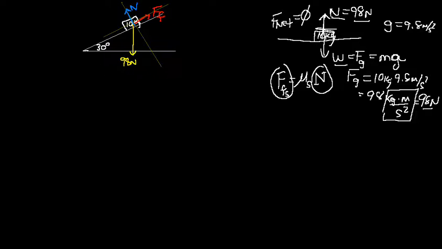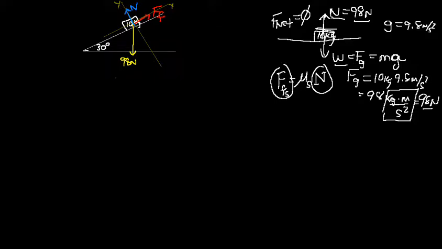Now let's take a look at what we have here. We have the force of friction in red, which is going in this direction on the green axis, which is almost like the X axis and almost like the Y axis just rotated a little bit. And the blue normal force, which is the plane pushing up on the crate, is on the rotated Y axis.